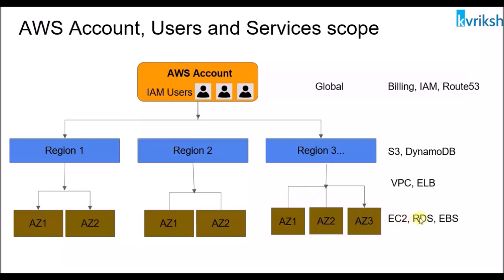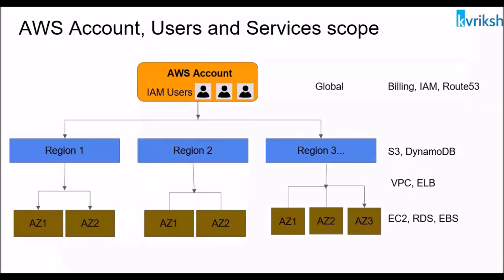It is the same with the databases and the disk. We will see more services, but from this I want you to understand that different AWS services work at different levels, and this is the scope, where the AWS account is a top level entity under which we have AWS regions, and then we have AZs in a given AWS region.